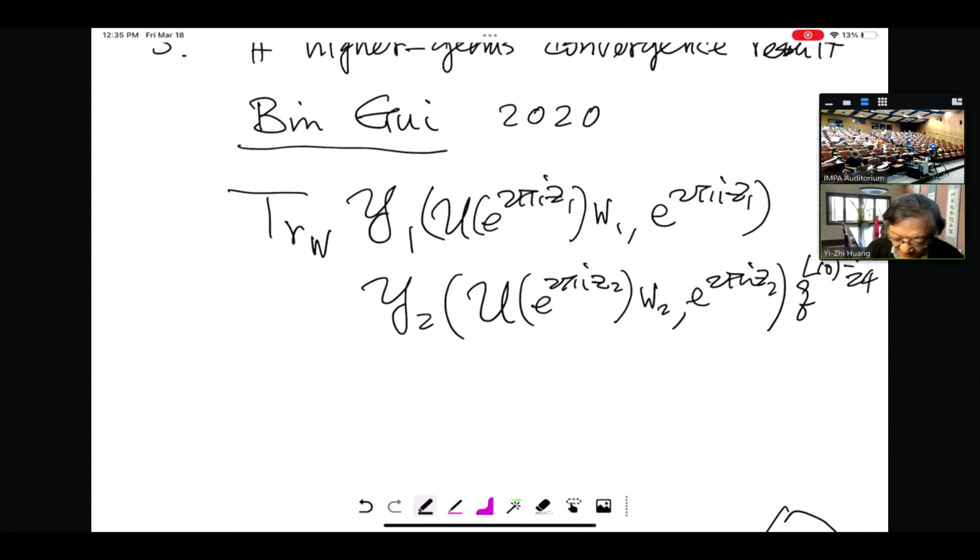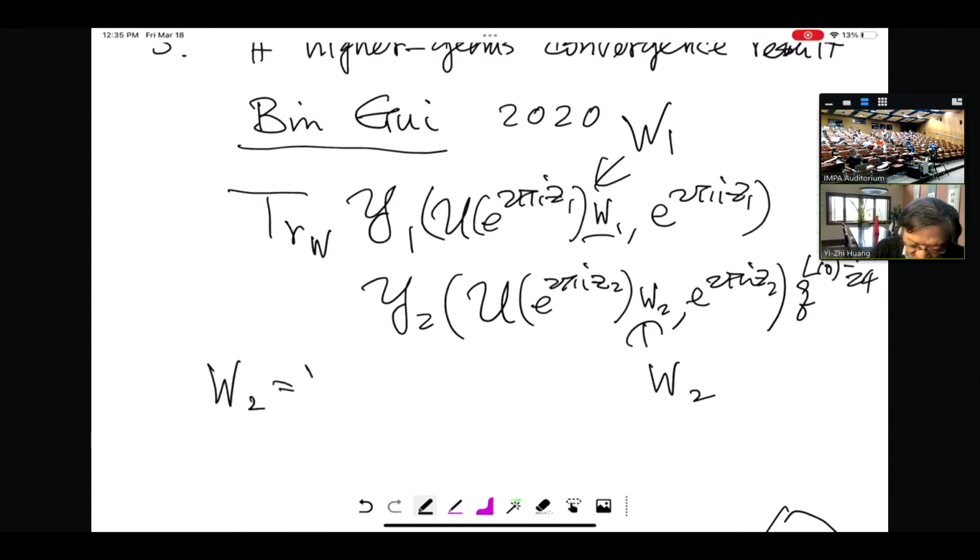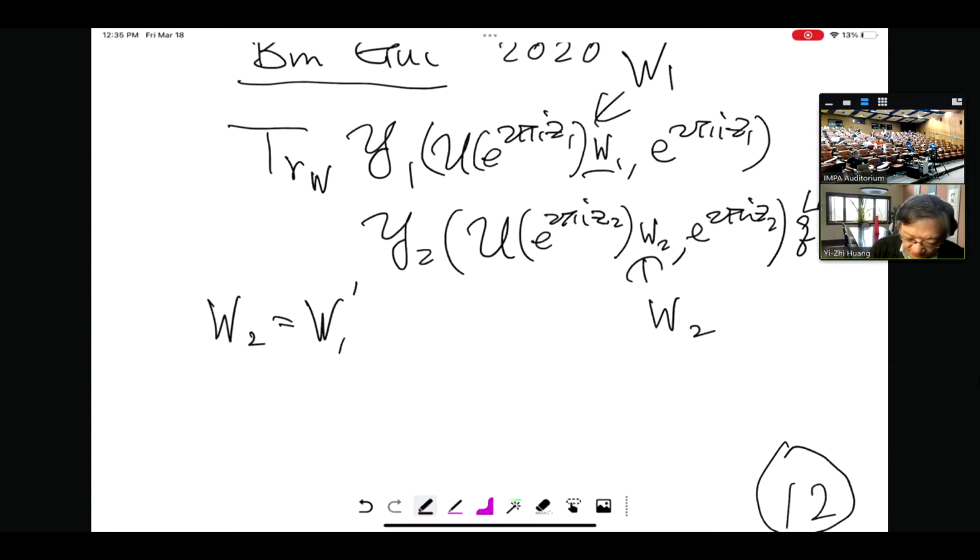Okay, and then you can further take a trace. In the case that this belongs to W1 and this belongs to W2, say for example, if W2 is equal to W1 prime, the dual, then we can actually further take a trace over these two places.